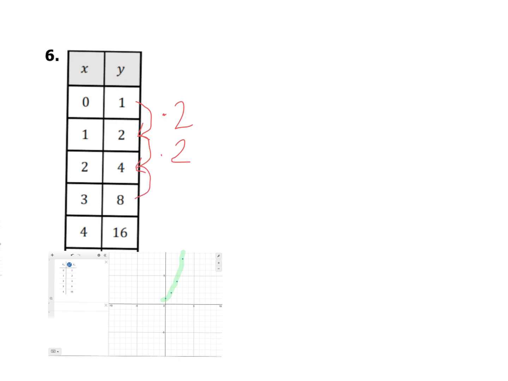Is 4 times 2 equal to 8? Yes, it is. And then we know that 8 times 2 is 16. So since we saw that the graph was kind of curved, and now we can see that we are all multiplying by 2, we know that this table is exponential.